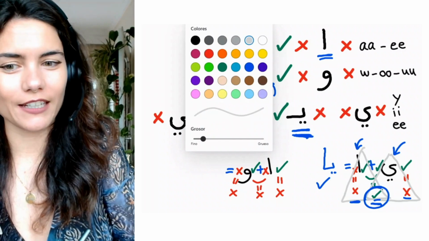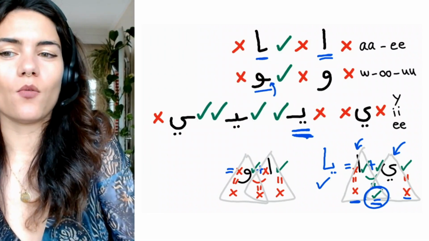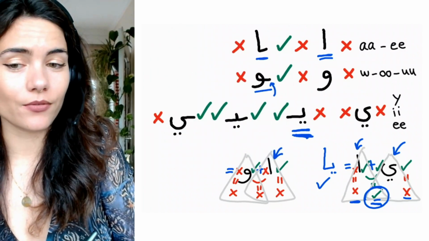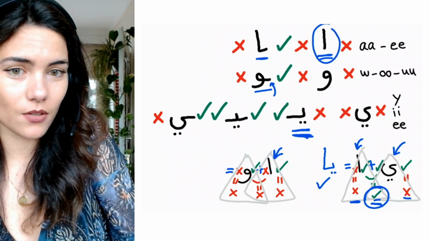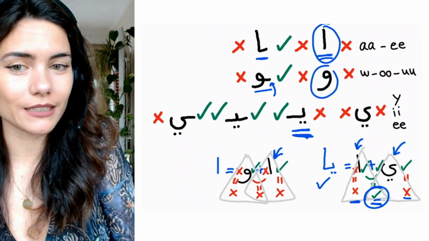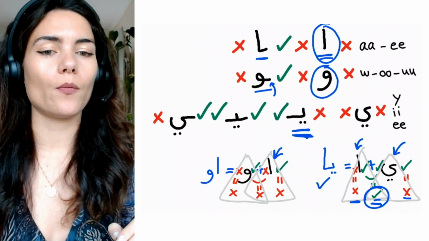We can see it already, even if we draw. We don't need to draw our triangles. What we need to do is to write the alif with two X's, so as it's here, and the wow with two X's, as it's there. They are not going to join. Aw, or.